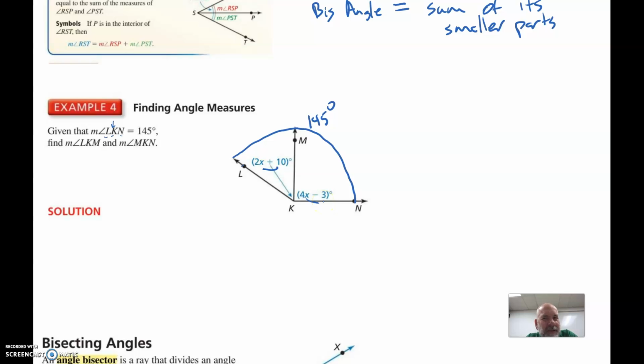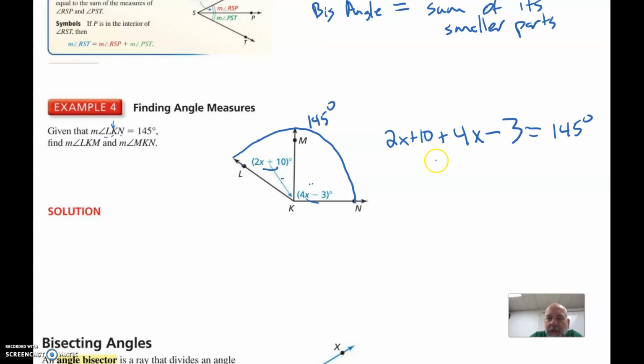So just like segment addition, we'll set this up the same way. We'll say the two small ones, 2x plus 10, that's this angle over here, plus 4x minus 3, that's this angle over here, is equal to the whole angle, which is 145 degrees.